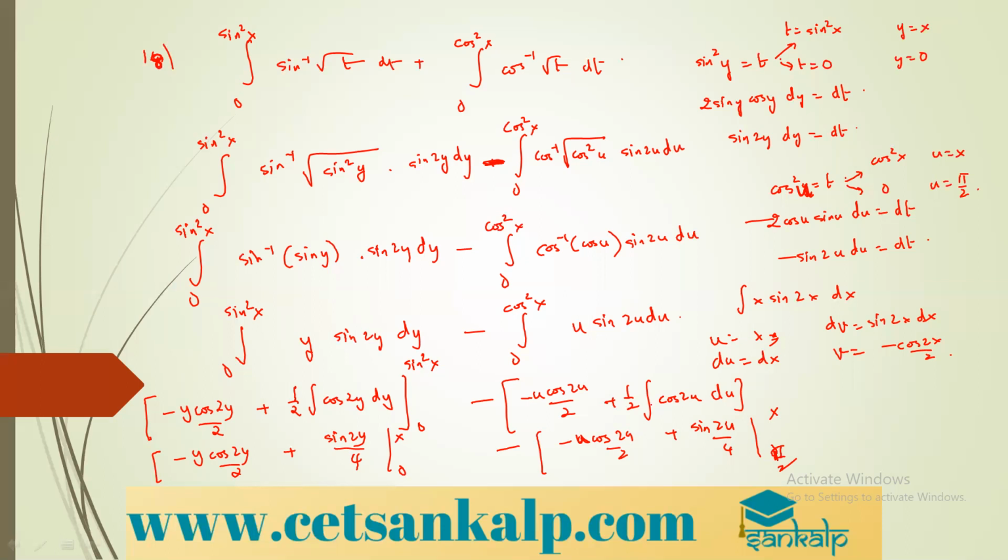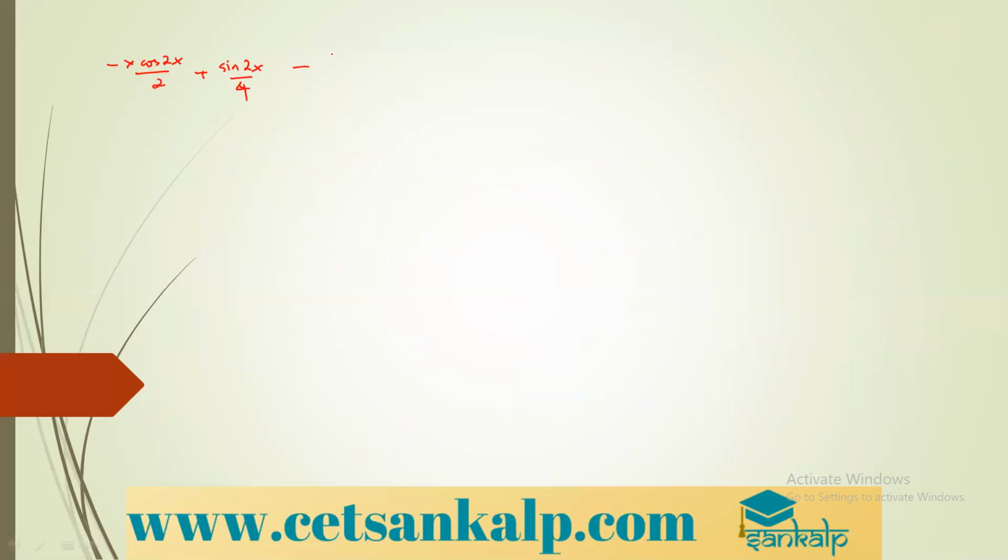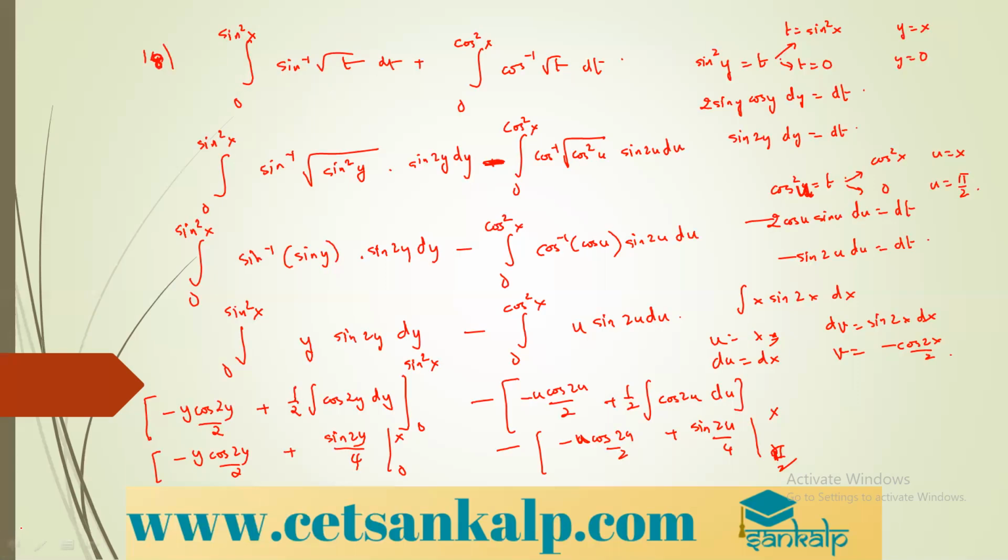Then minus, now I will put x: minus x cos 2x by 2 plus sine 2x by 4.